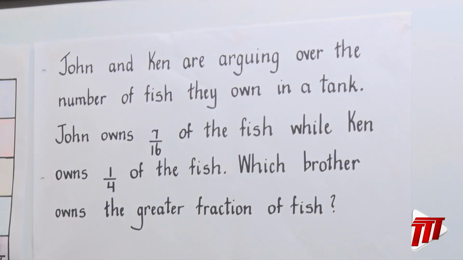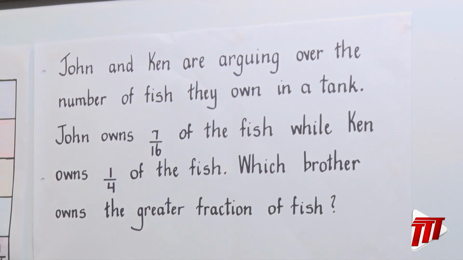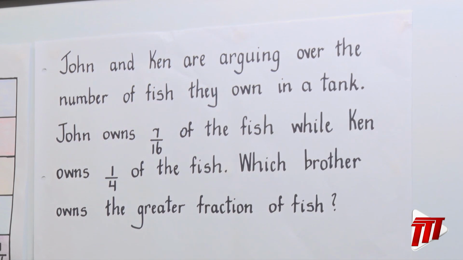Let's look at question number 1. Read with me now. John and Ken are arguing over the number of fish they own in a tank. John owns 7/16 of the fish, while Ken owns 1/4 of the fish. Which brother owns the greater fraction of fish?